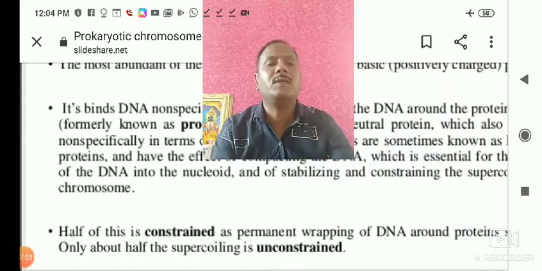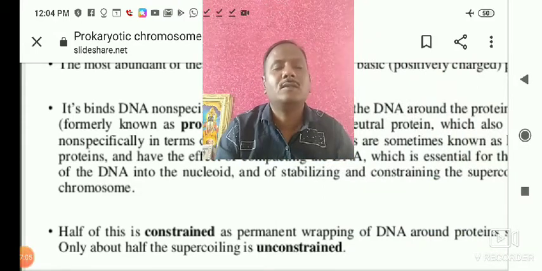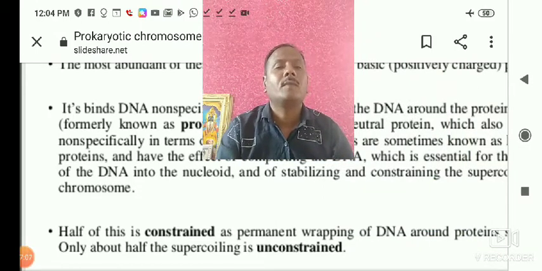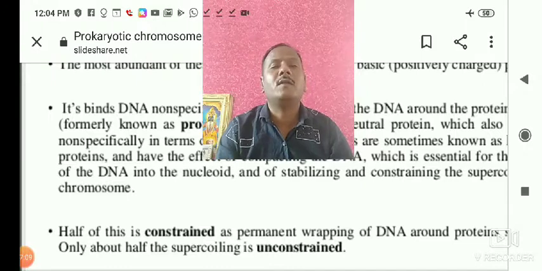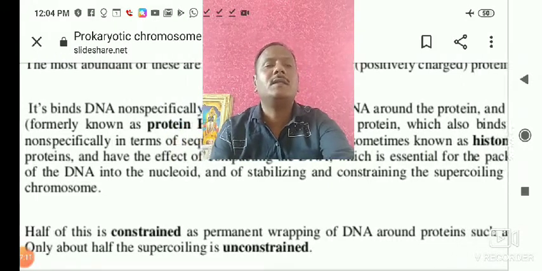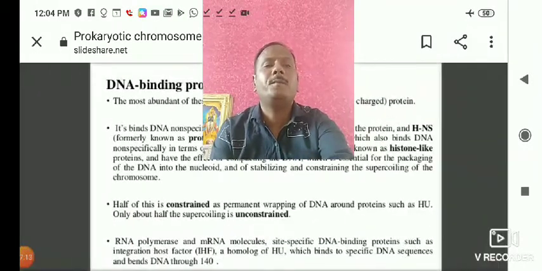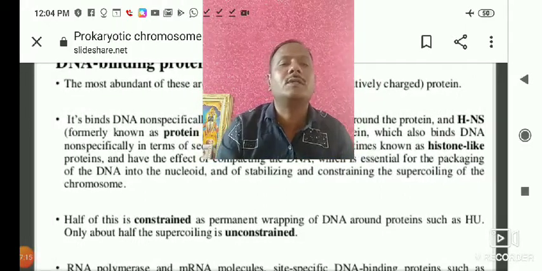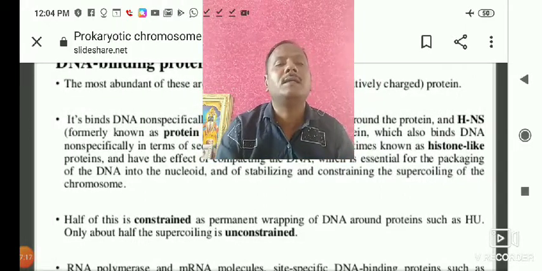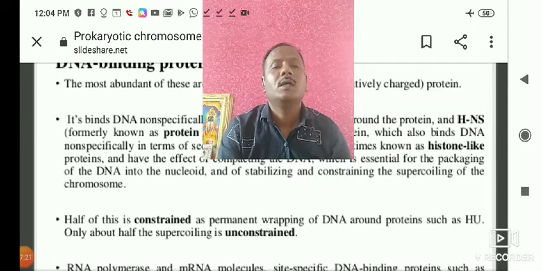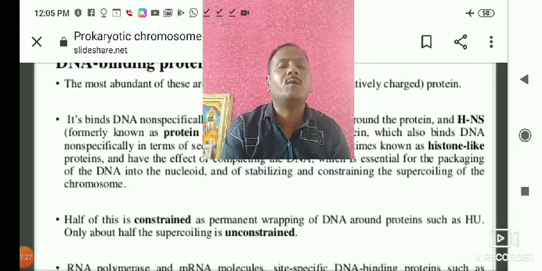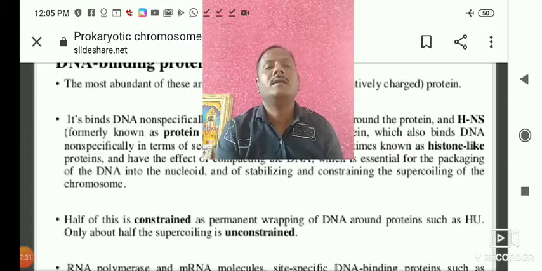It means they are attached to the DNA, which is essential for the packaging of the DNA into the nucleoid and is stabilized and constrains the supercoiling of the chromosome. Half of this is constrained as a permanent wrapping of DNA around proteins such as HU. Only about half of the supercoiling is constrained.